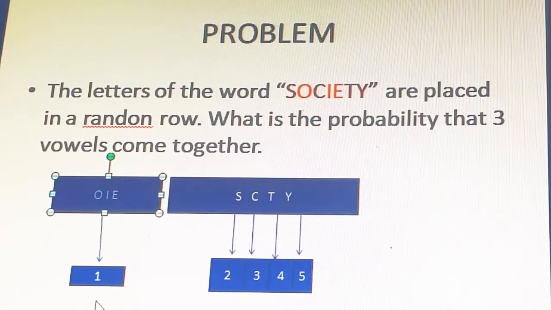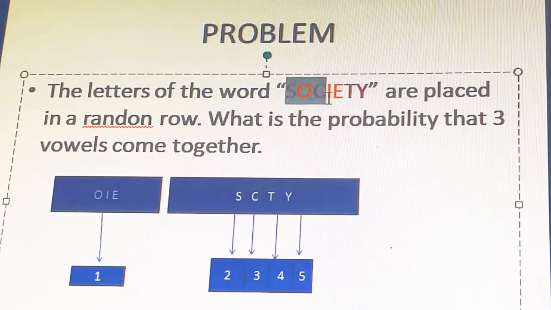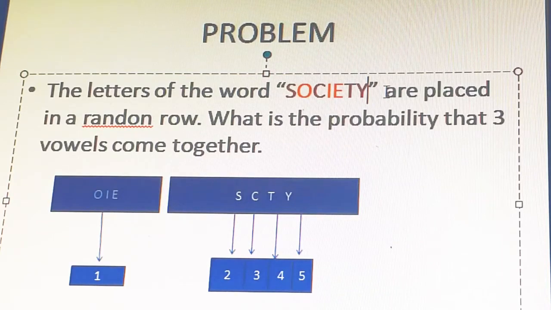But before we proceed, we should know whether the letters are repeated or not. Is S repeated? Is O repeated? No. Is C repeated? No. I, E, T, Y. None of the letters are repeated. If the letters are repeated, we have to follow permutation with repetition.